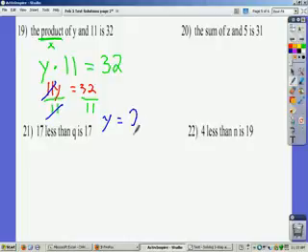It goes in 2 whole times, and with the remainder becoming the numerator, it is 10. So y equals 2 and 10 over 11, the 11 remains as the denominator, and there is my answer.